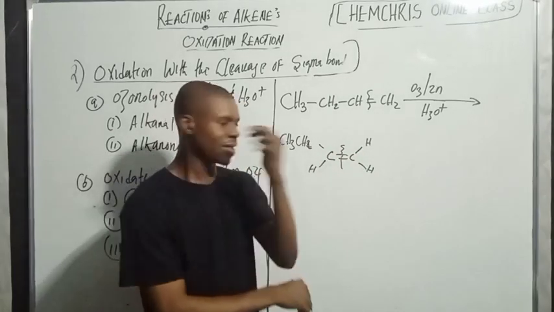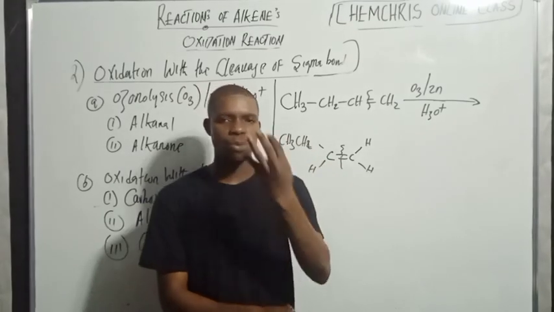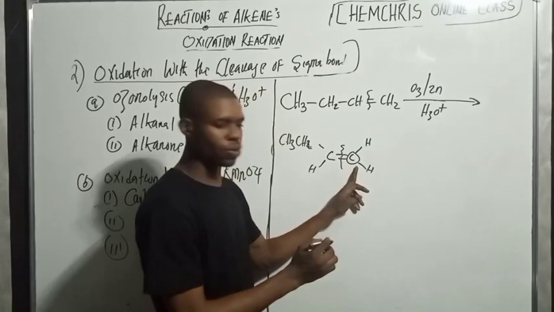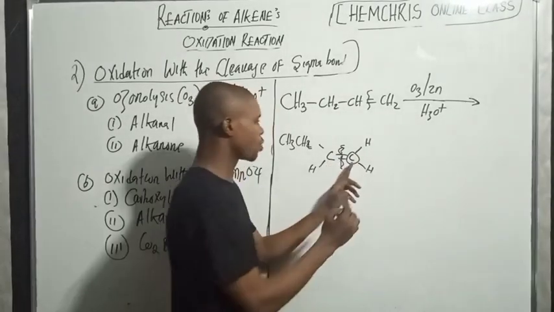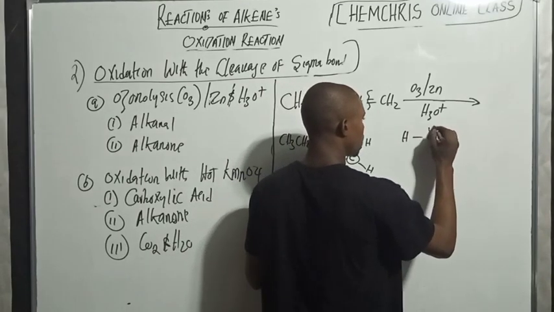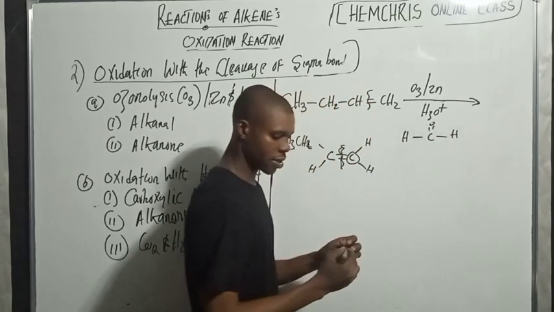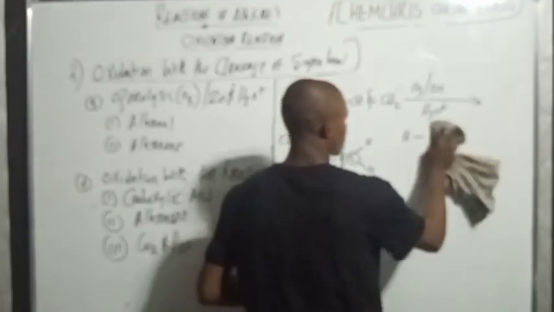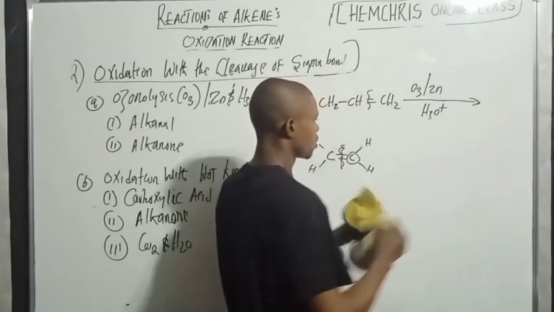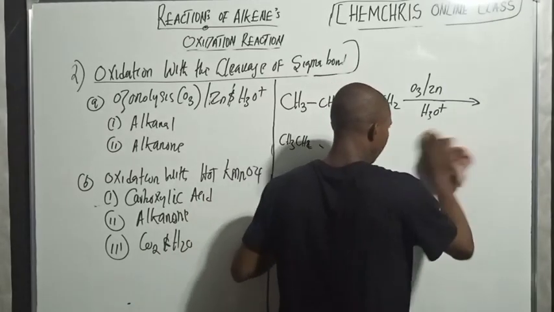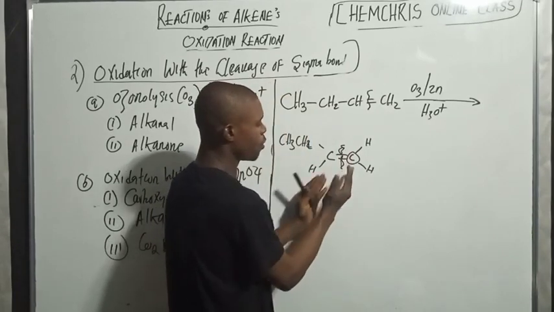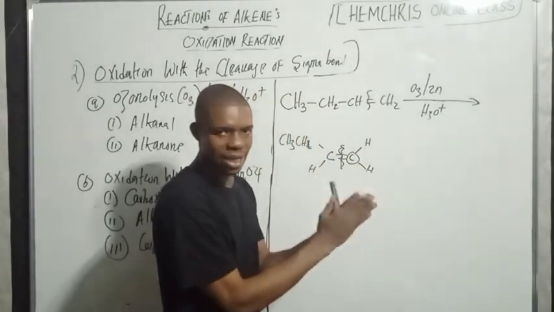So you want to figure out the two carbon atoms, if they are mono or di or none. This guy is none, right? So when it breaks, this is going to form what? When it breaks here, it's going to form methanal, right?